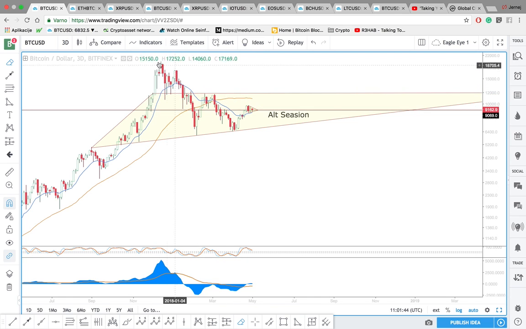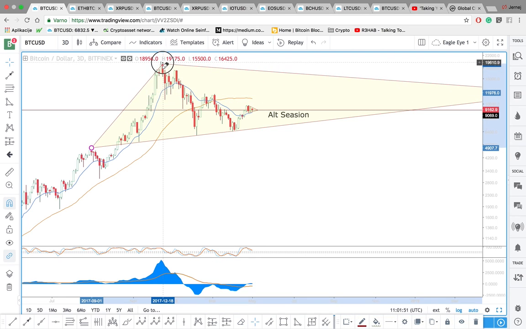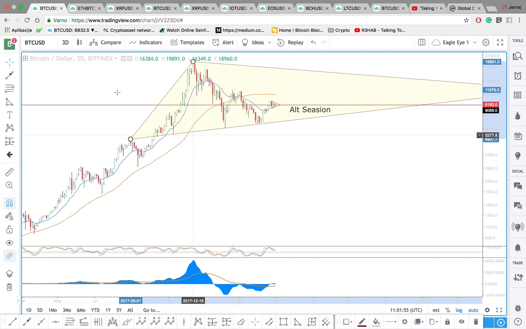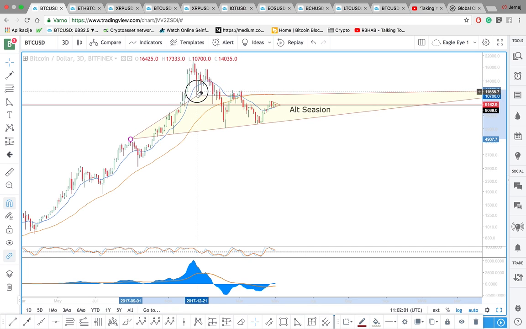And I know you might look at this and say, but this is above the triangle, why aren't you making it like that and connecting this? This is mainly because the structure has changed, and I'll explain what I mean by that.